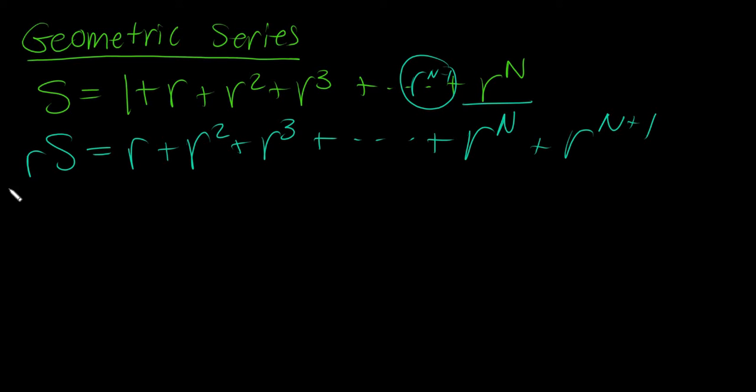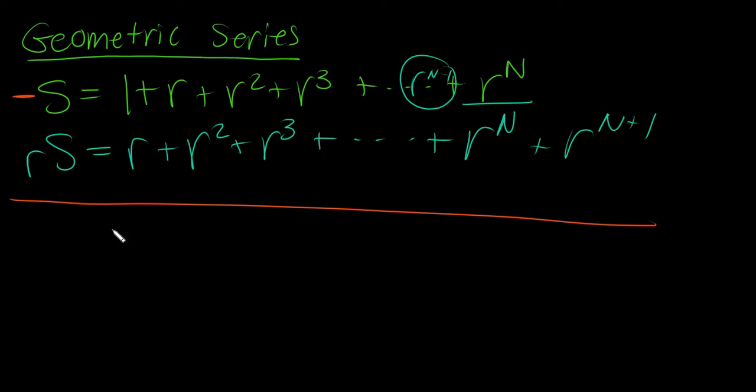The trick is, if you subtract these two quantities, if I were to subtract s from rs, nothing's going to happen to the 1, but as you can probably see, this r and this r are going to cancel, this r squared and this r squared cancel, and so on.